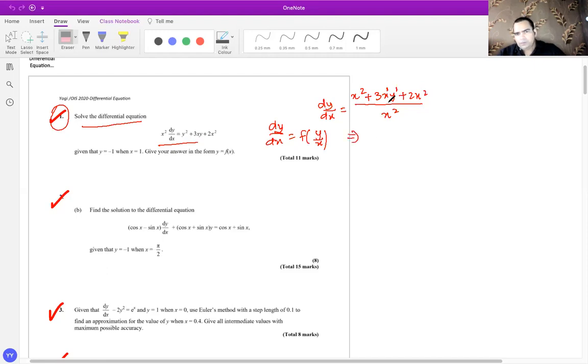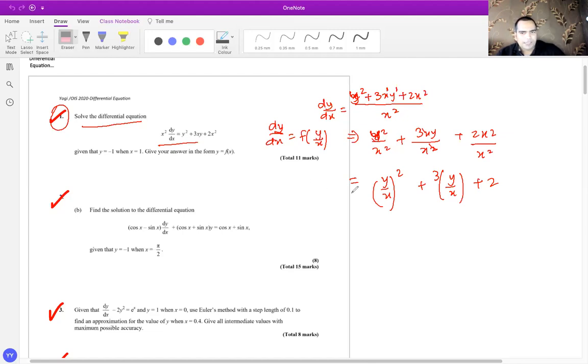So let's see for this question, if I isolate, it'll be x squared over x squared plus 3xy over x squared plus 2x squared over x squared. When we do so, this becomes y squared here. So now I can see this is y over x the whole square, this is once again 3 times y over x, and plus 2.